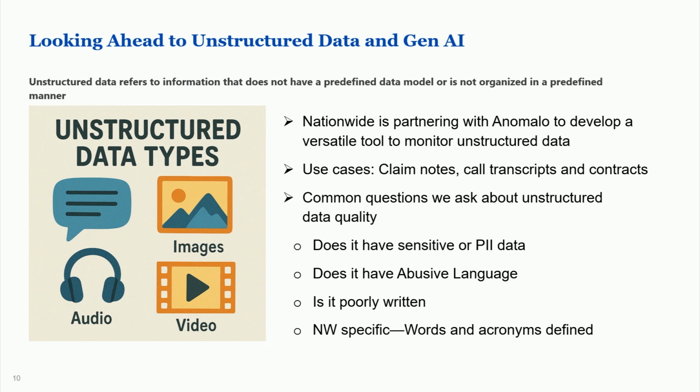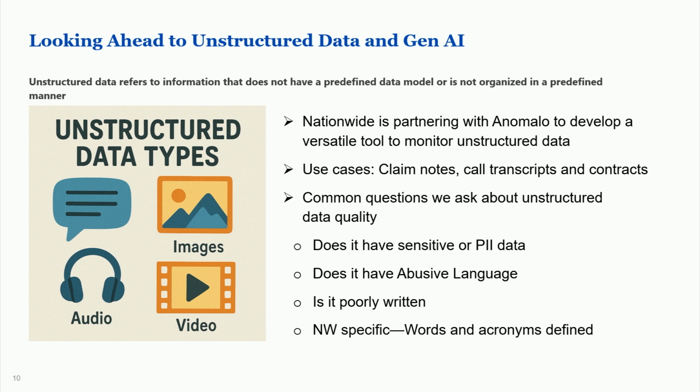As I said, we, along with some other companies, are partnering with Anomalo to figure out how to do data quality on unstructured data. Based on what we've looked at, and we've talked to our partners, it's important to have data quality, but it's not the same on unstructured data as on structured data.